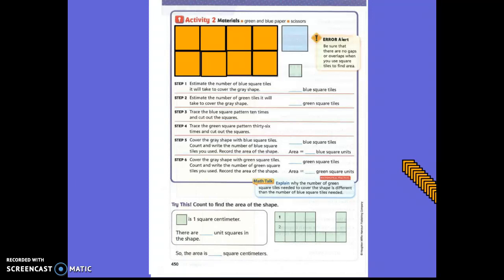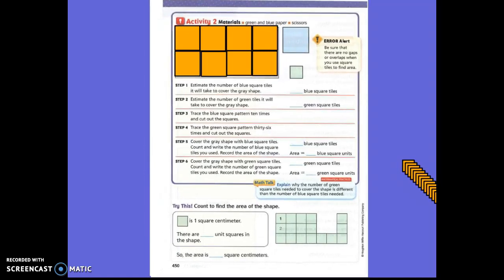Now we know how many blue, because we covered the gray shape with blue square tiles. Count and write the number of blue square tiles. How many blue square tiles? I know they're yellow technically, but how many blue square tiles were there? 8. So the area is 8 blue square tiles.